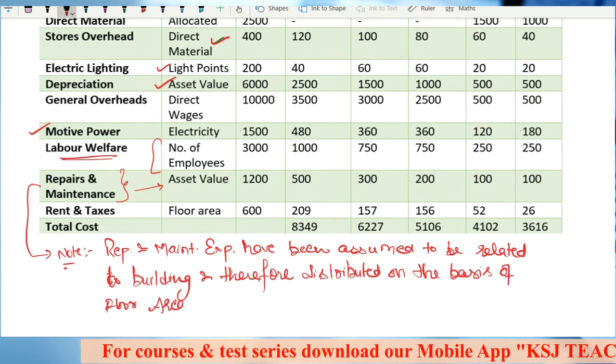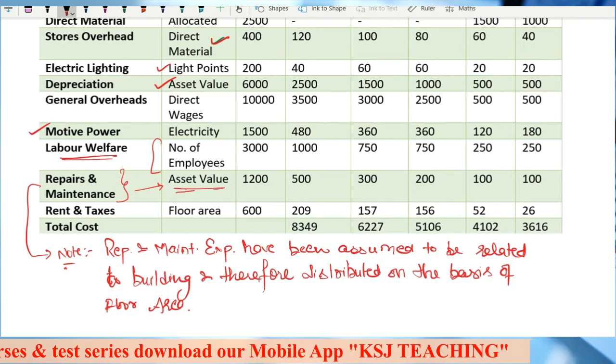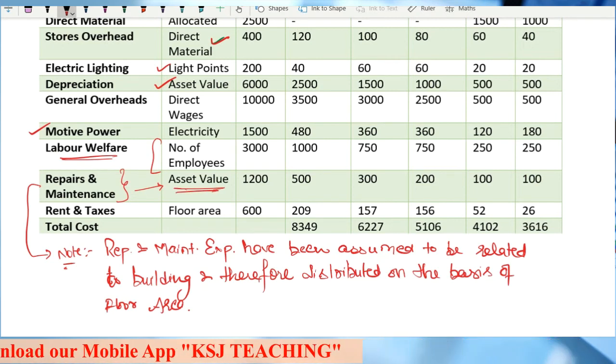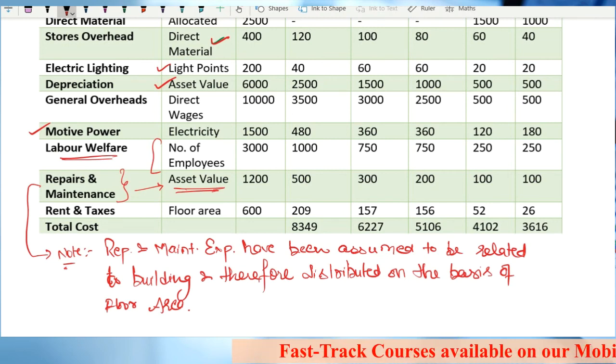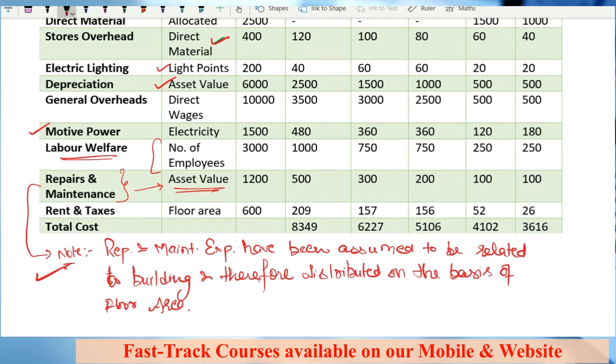If you want to take it on floor area. Here we have taken it on asset value. So you can give a note that repair and maintenance expenses have been assumed to be related to plant and machinery and therefore distributed on the basis of asset value, right? If you want to take it on building floor area, then this note will work.